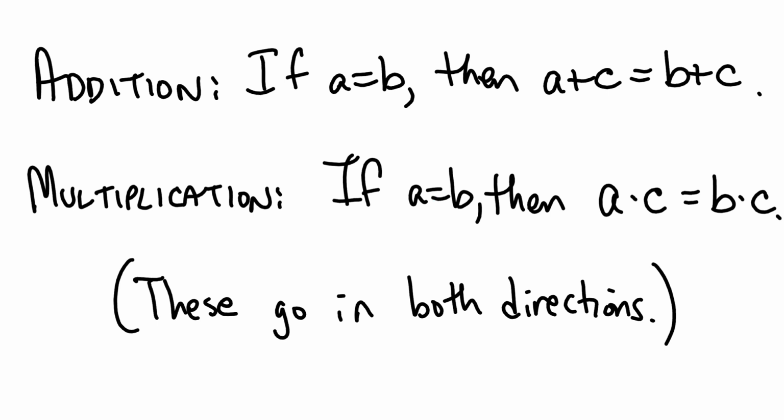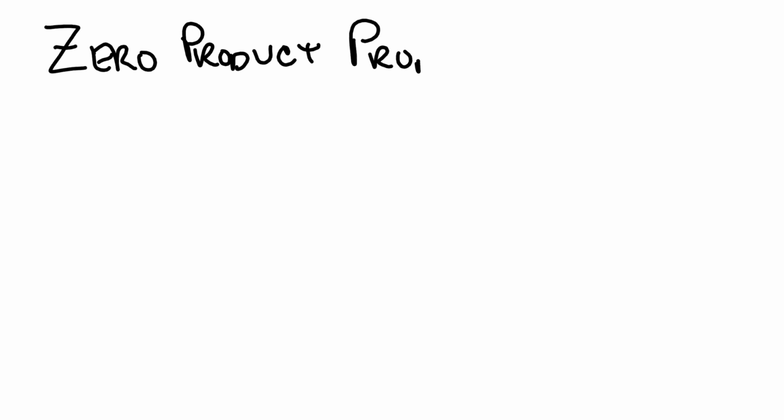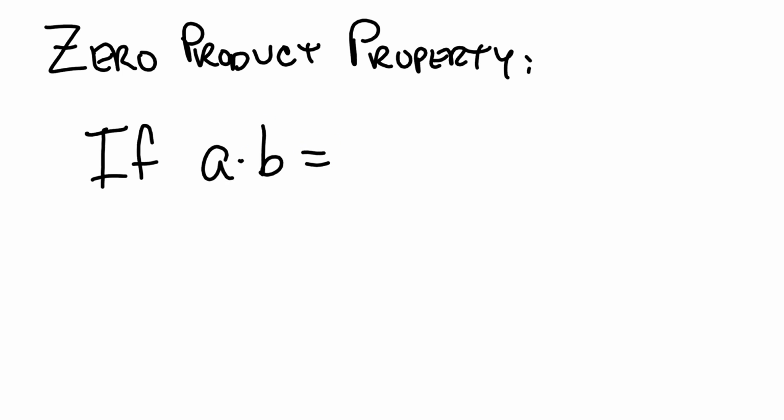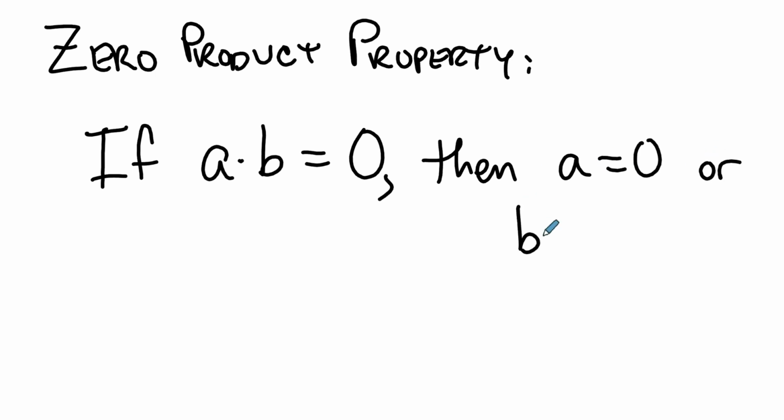Speaking of 0, let's talk for a moment about the zero product property. The zero product property says if you have a product A times B and that product is equal to 0, then A equals 0 or B equals 0. And I'll just point out that this is the mathematical OR.